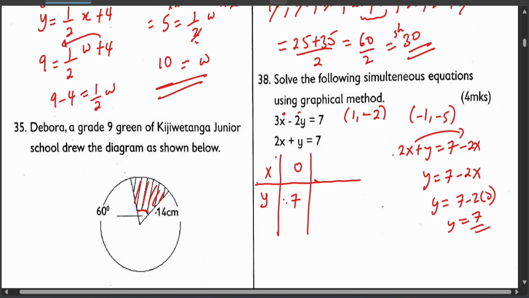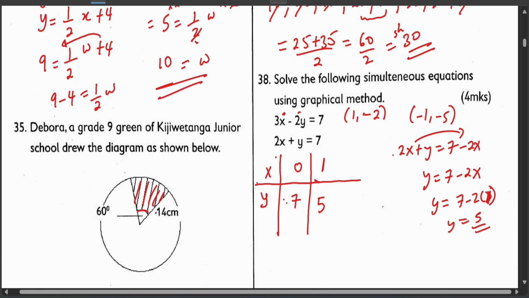Okay, so if your x is 1, instead of 0 it is 1 here. It means your y will be 5, because 7 minus 2 is 5. So if your x is 1, your y will be 5.